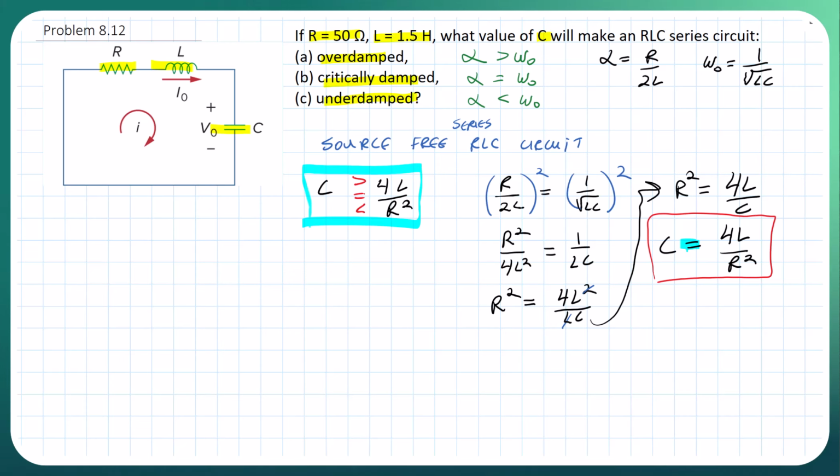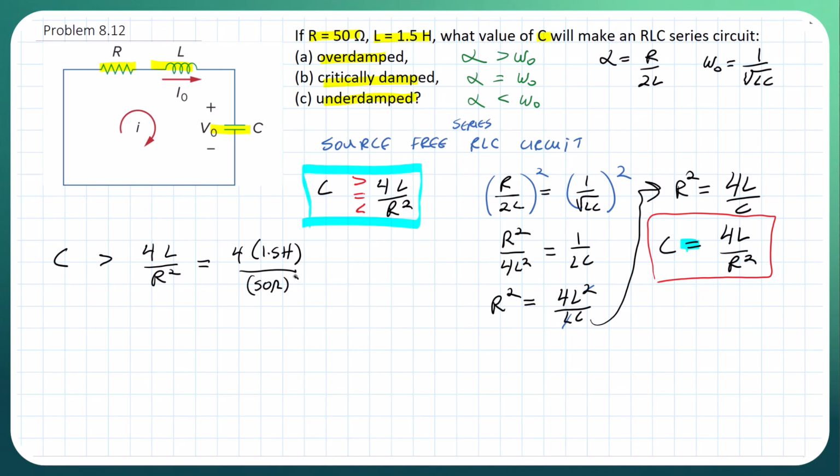All right, so it's as simple as that. It's as simple as plugging in those values. So if we say C is greater than, for the first part, 4L over R squared, well, we know that our L is 1.5 henries, our R is 50 ohms.